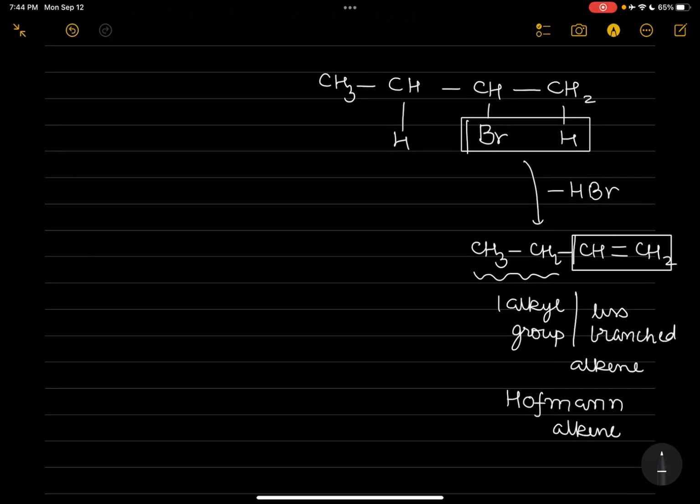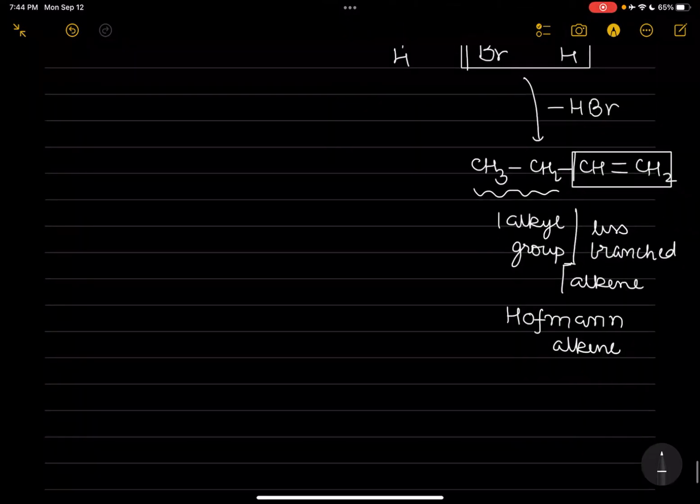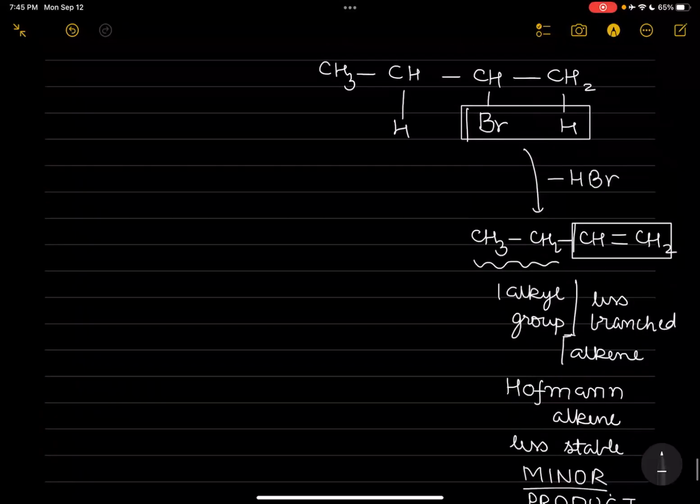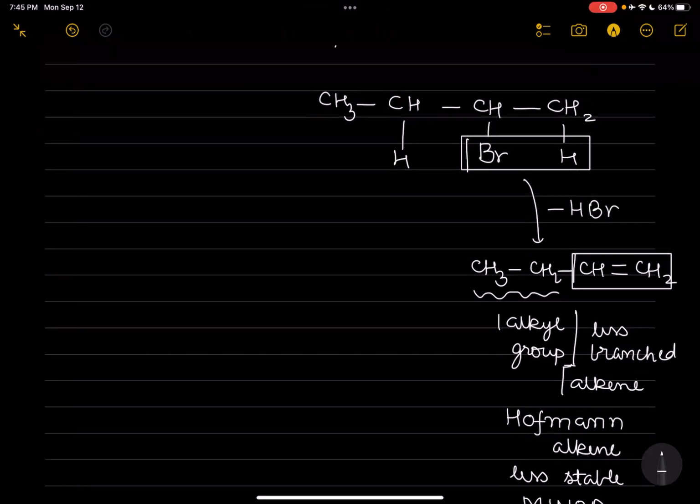It is less branched, less stable. And it is formed in lesser quantity. It is the minor product. Minor product means the product which is formed in less amount. Why is it so? Because it is less stable.